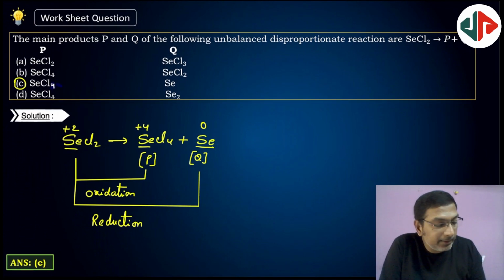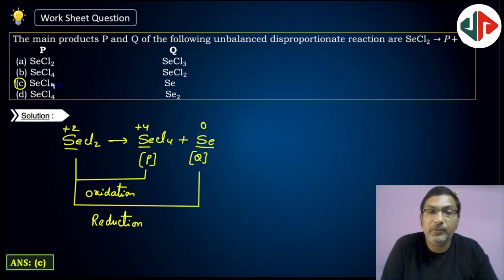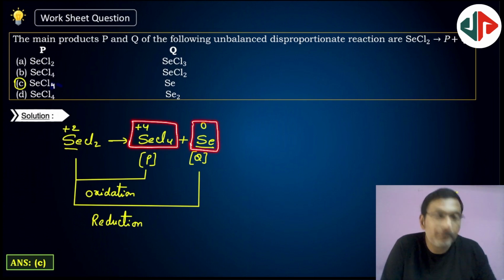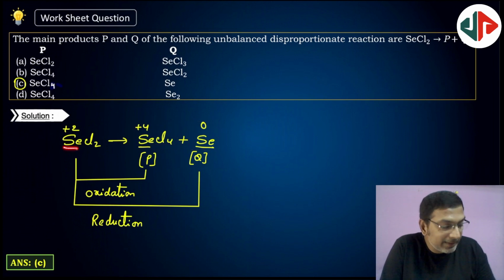Next. So here the main products P and Q are for the following unbalanced disproportionation reaction. SeCl2, selenium dichloride. So selenium dichloride undergoes disproportionation to form selenium tetrachloride and selenium. So here Se plus 2 state, Se plus 4 state, Se 0.